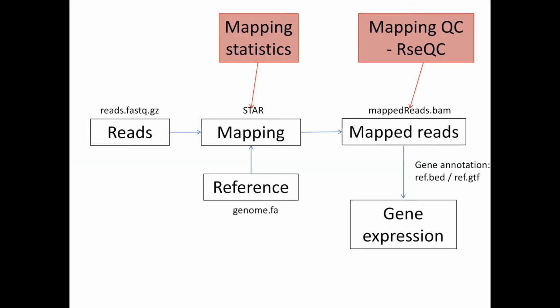The things that we're going to talk about and work on are the mapping statistics that you get out from the aligner, and it could be STAR or it could be HiSat, and all of them leave some kind of log on how well they managed to map the reads.